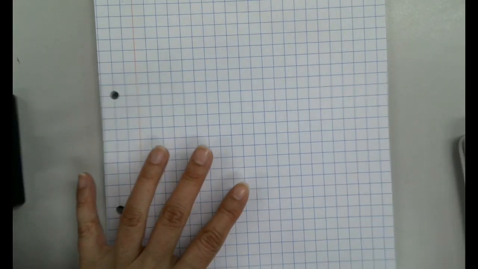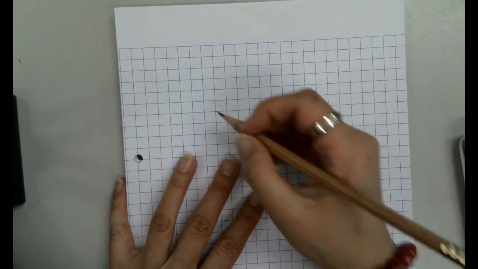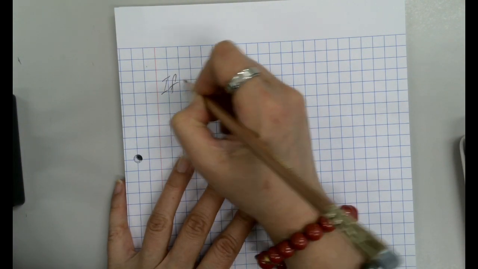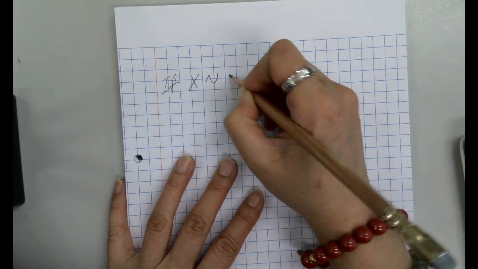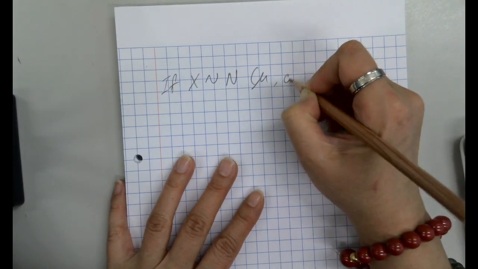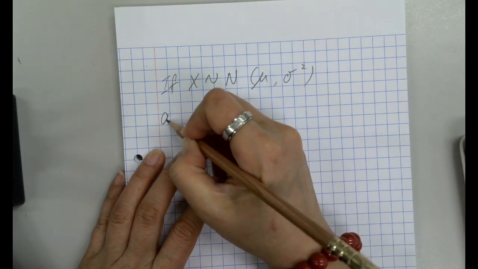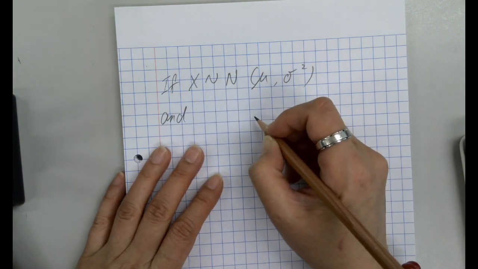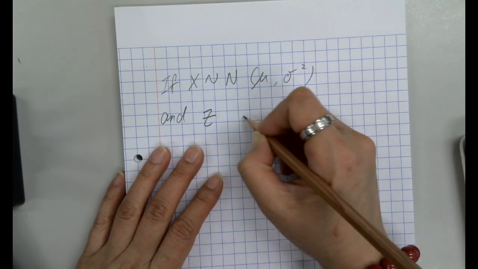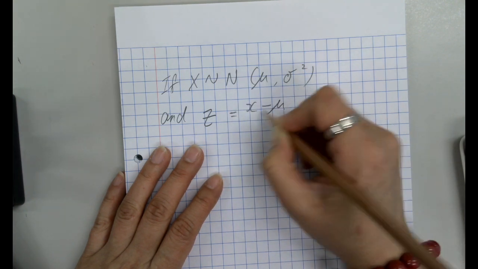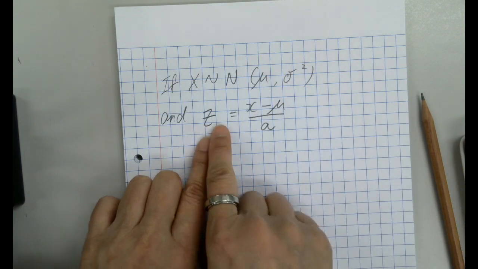If we're missing those, we need the standard score, for which we will use two formulas. If X is any normal distribution with mean and standard deviation, which we might miss any one of, the Z score would be equal to the value minus mean over standard deviation. This is the Z score.